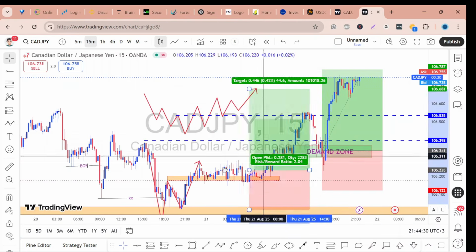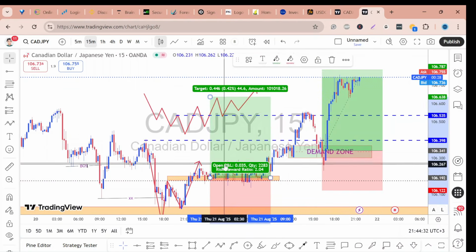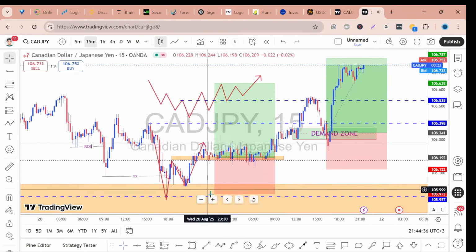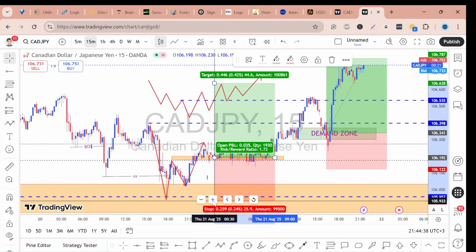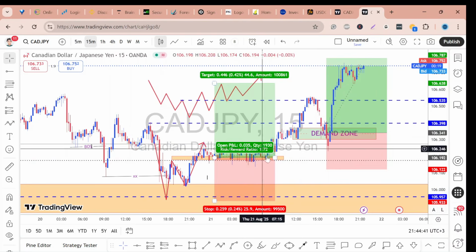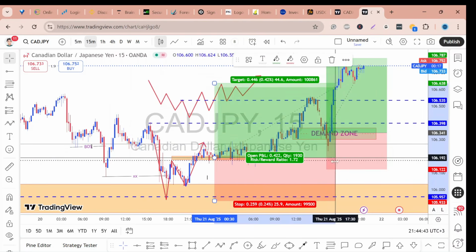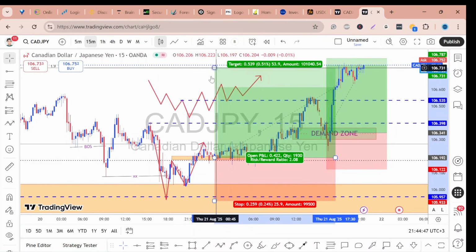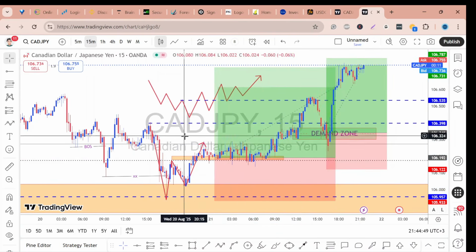As I have already said, this would be your first entry if you had spotted this mitigation block, or you can call it a double bottom, earlier on. So this could still be your setup if you are able to spot it earlier on. So that is CAD JPY.